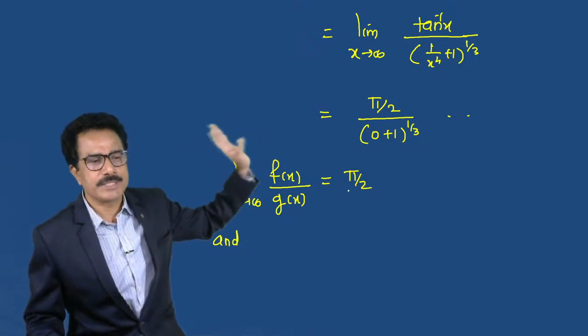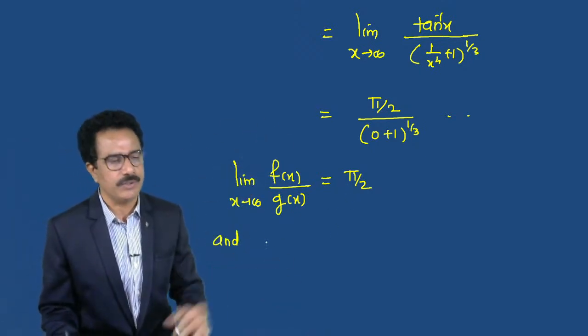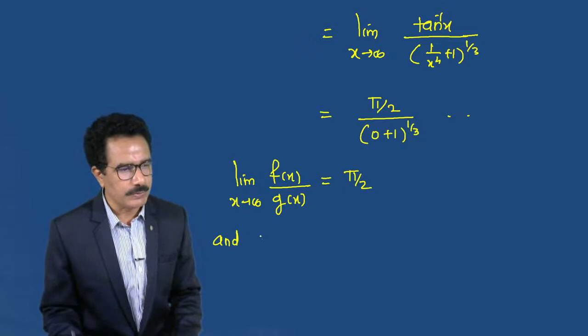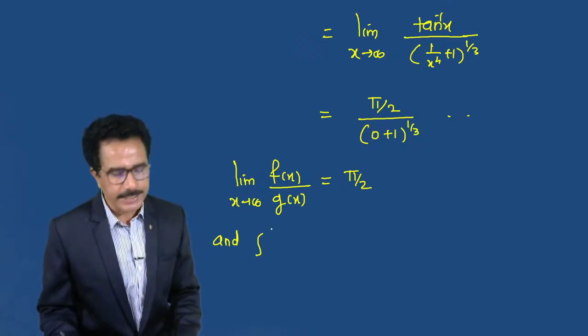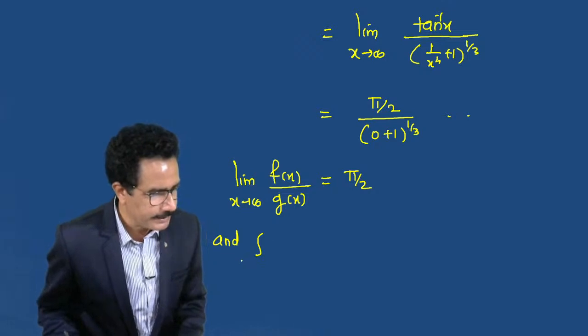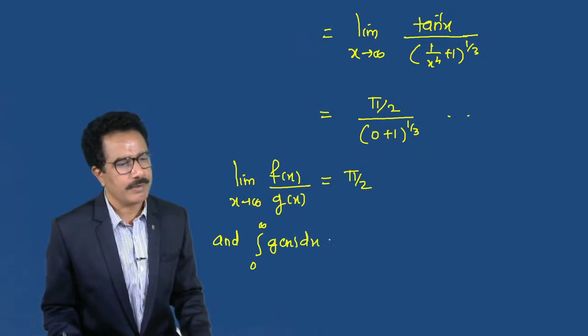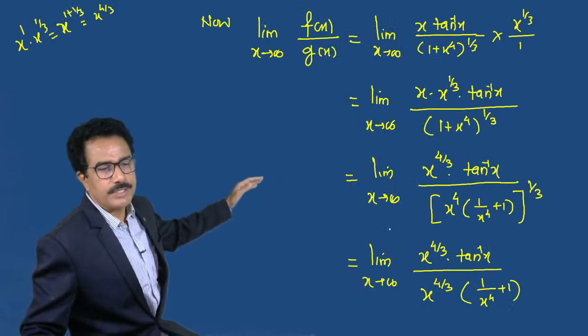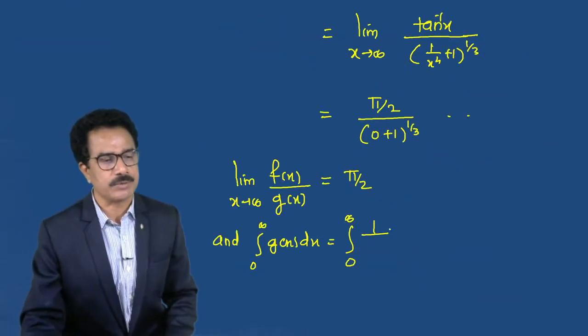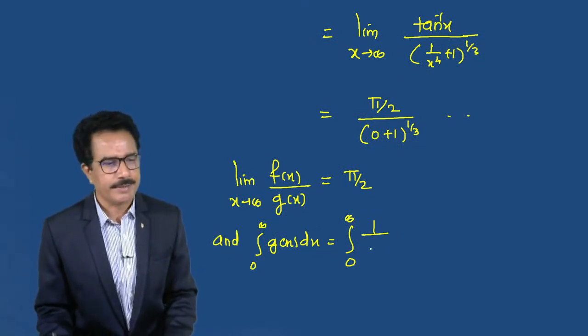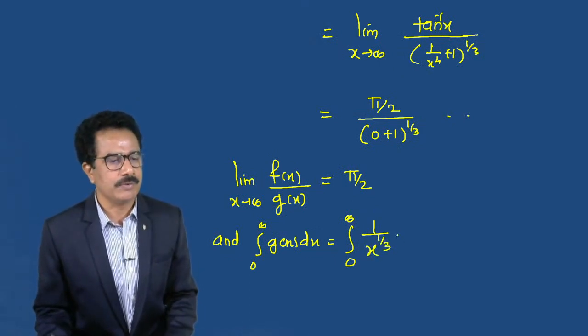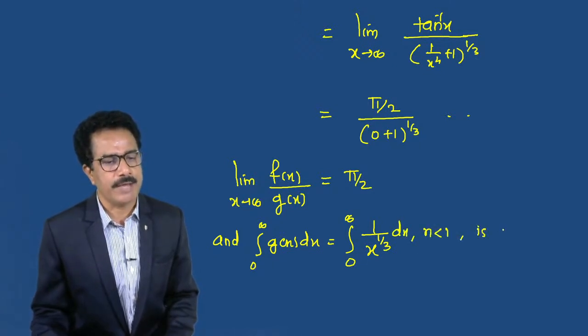L is non-zero. So g of x is equal to, and the integral from 0 to infinity of g of x dx, which is equal to the integral from 0 to infinity of 1 upon x raised to 1 by 3 dx. Is it convergent or divergent? Integral of 1 upon x raised to n dx for n less than 1 is divergent.